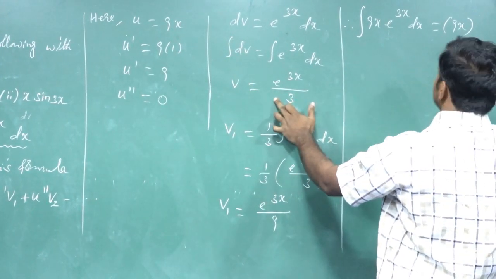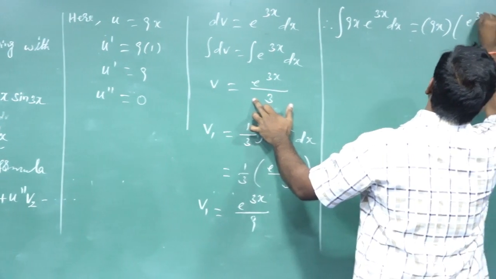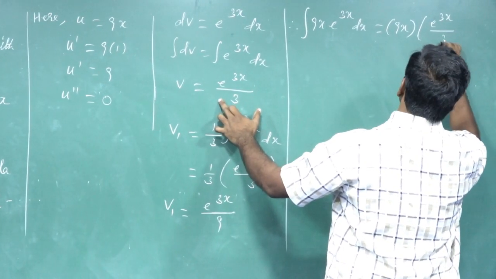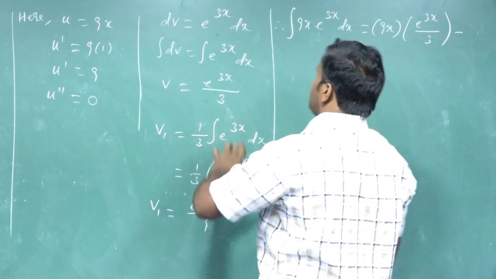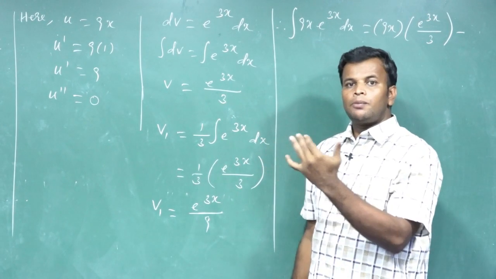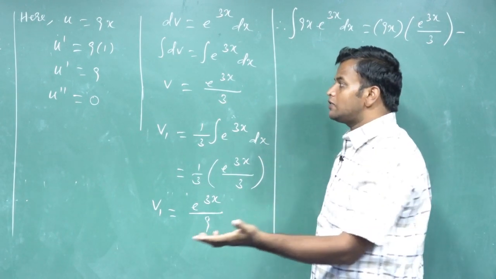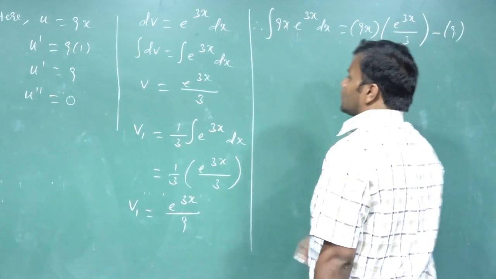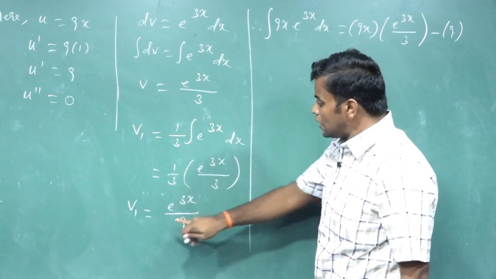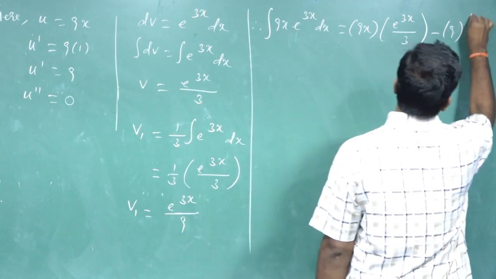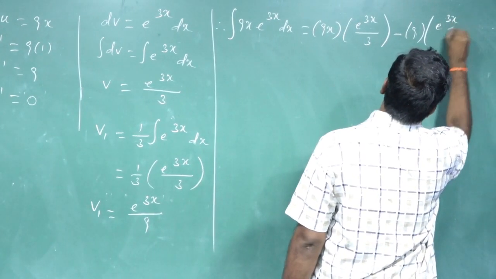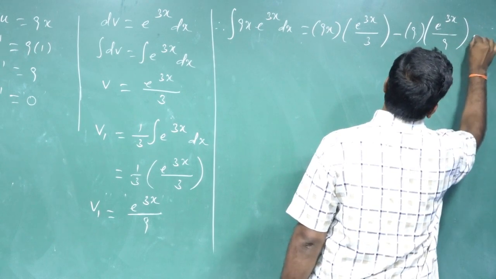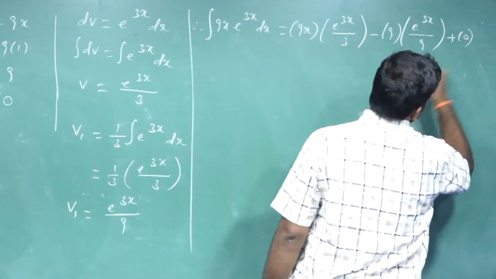The value of v is e power 3x divided by 3. By our formula, minus u dash. What is the value of u dash? It is 9 into v1. The value of v1 is e power 3x by 9. Actually the next term is 0.